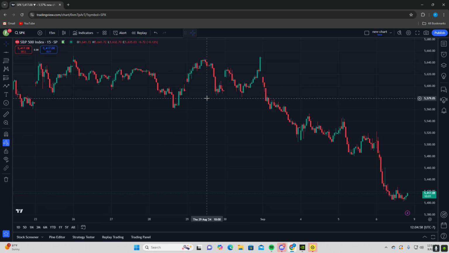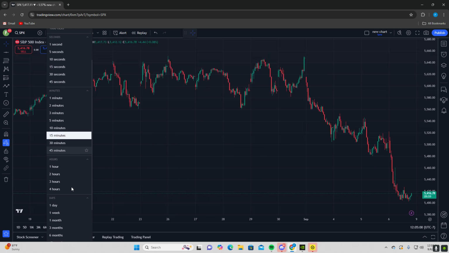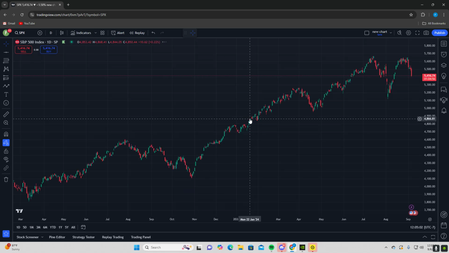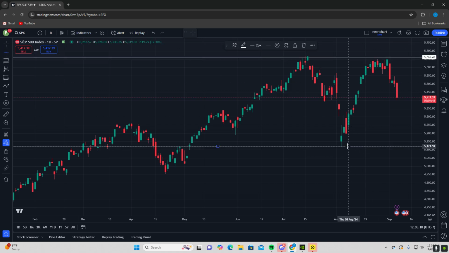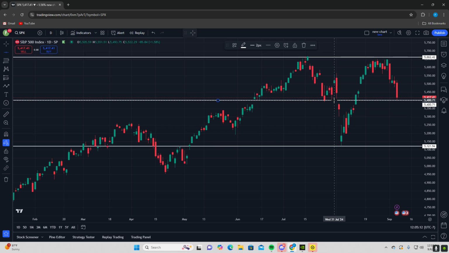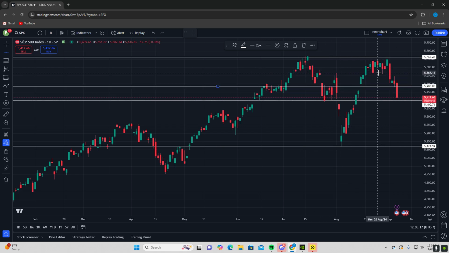So again, market levels is support and resistance. Go on daily, go on the higher time frame. Mark some highs, mark the low. Mark some bounces you see right here. Mark some rejections. Mark support.